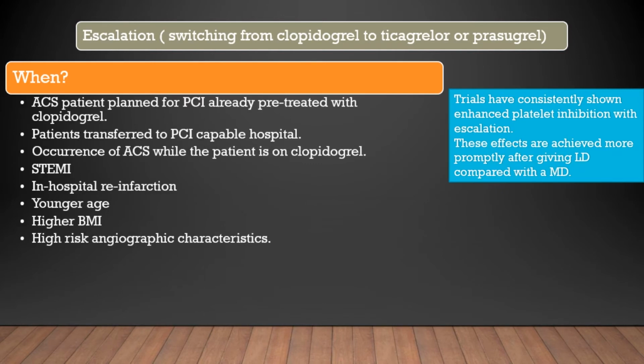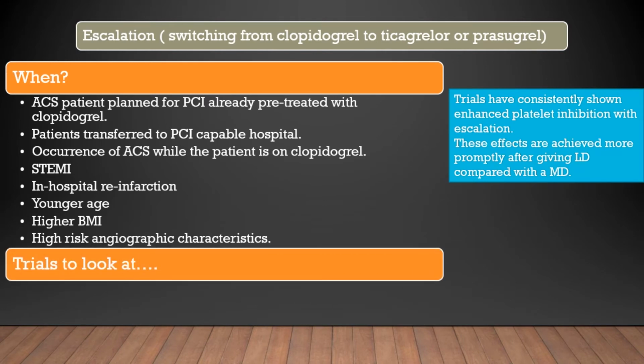Acute coronary syndrome patients planned for PCI already pre-treated with clopidogrel, patient transferred to a PCI capable hospital, occurrence of acute coronary syndrome while the patient is on clopidogrel, ST elevation MI, in-hospital reinfarction, younger patients, patients who have higher BMI, and high-risk angiographic characteristics.